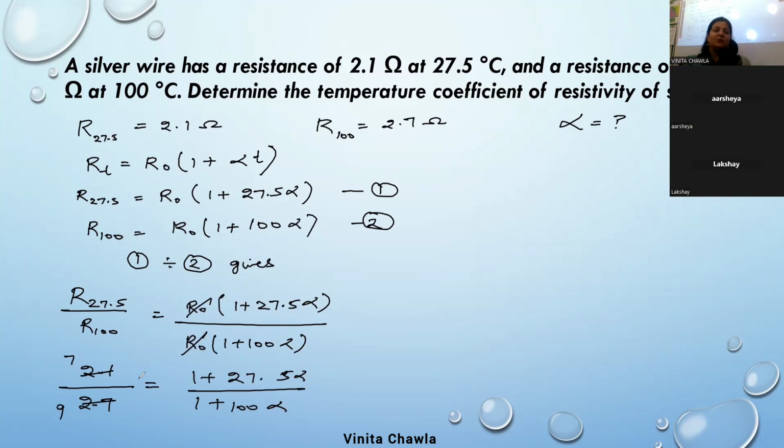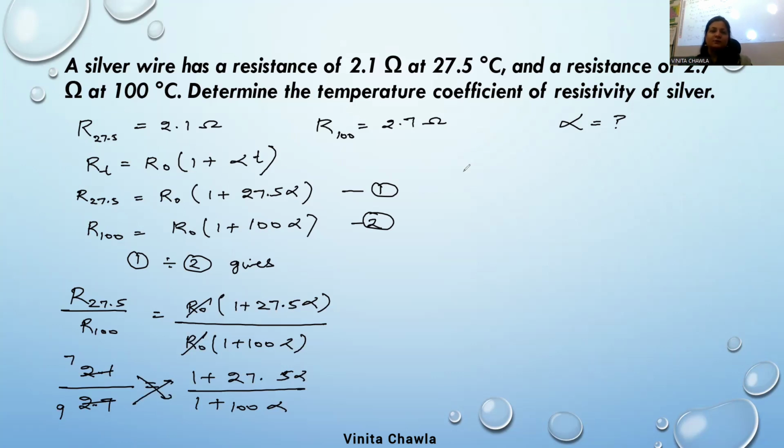Okay, now cross multiply. We will get 7 times the bracket 1 plus 100 alpha is equal to 9 times 1 plus 27.5 alpha. This is 7 plus 700 alpha is equal to 9 plus, multiply and tell me what is coming.